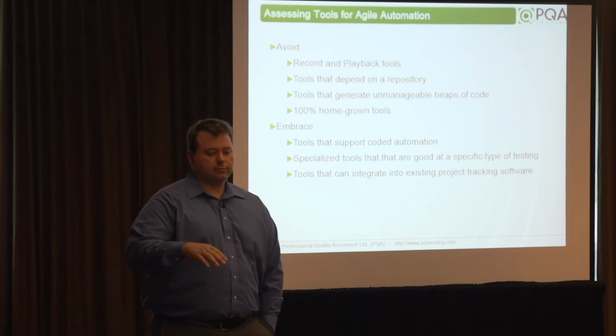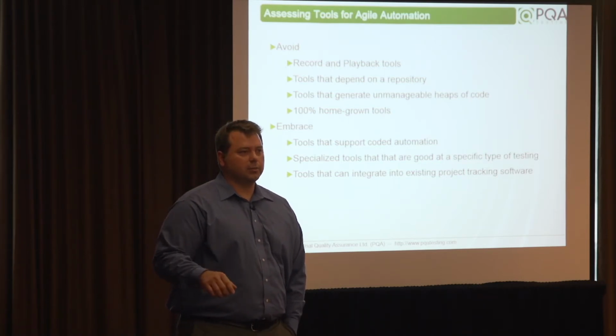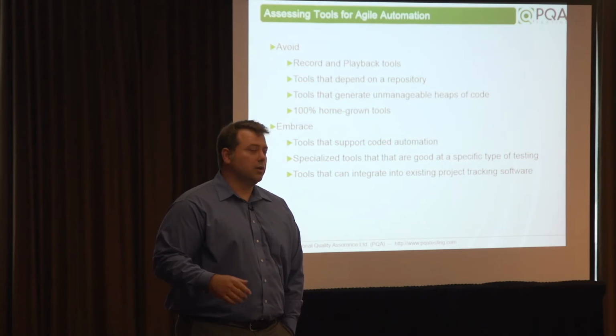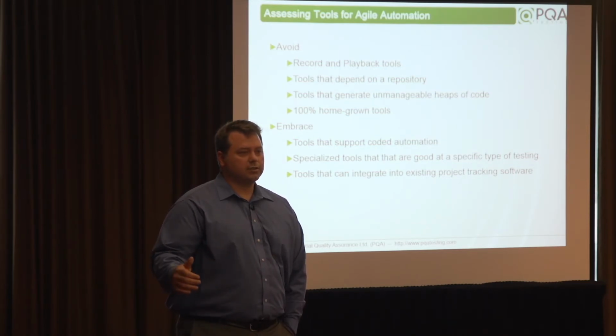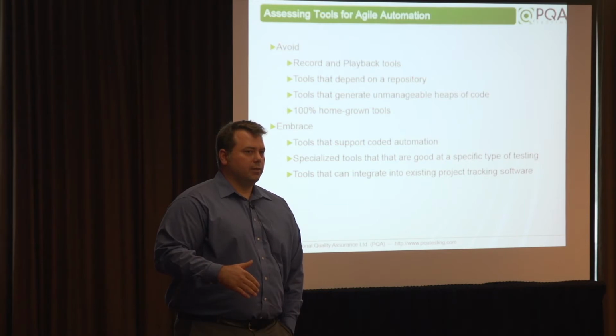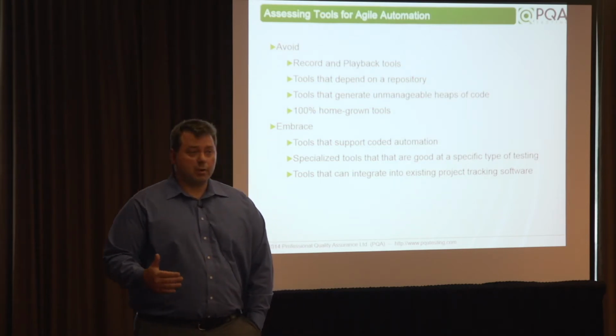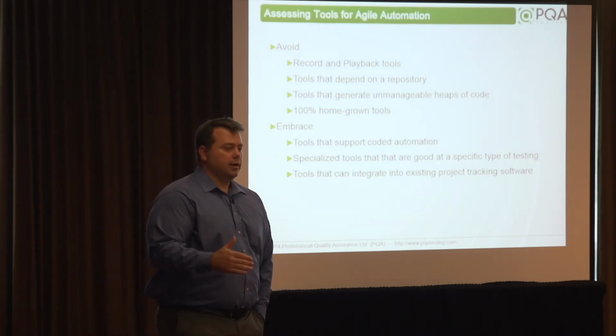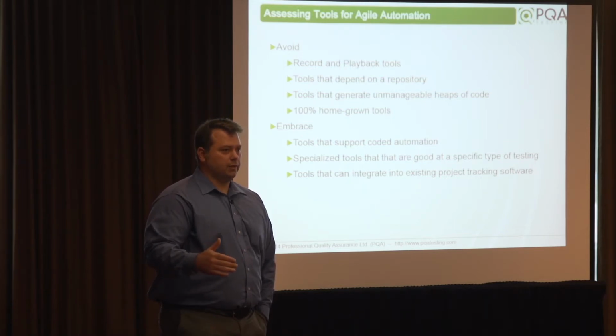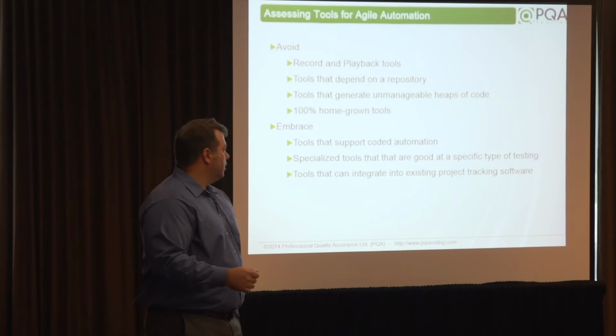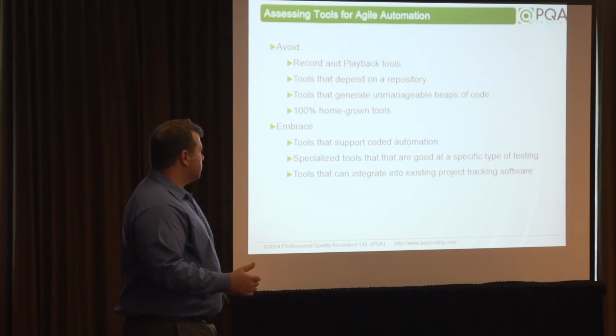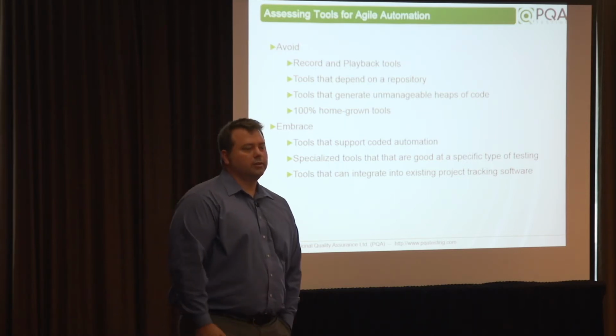You can't use an object SPI to identify something that doesn't exist. Okay, so some repositories let you define things that don't exist, but that requires a level of skill that may or may not exist in your team. So using a repository will also limit your ability to automate using the parallel model. Tools that generate unmanageable heaps of code.